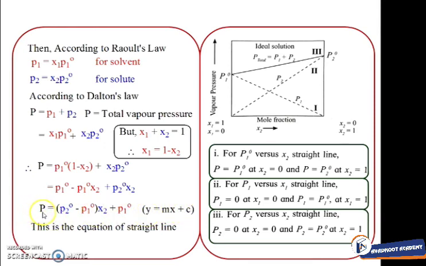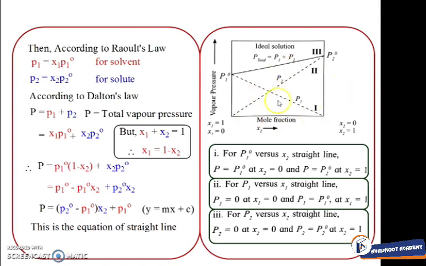Here y corresponds to total pressure, m is P20 minus P10, and x is x2. It means when we plot a graph of total pressure versus x2, that is the mole fraction of A2, there is a straight line.